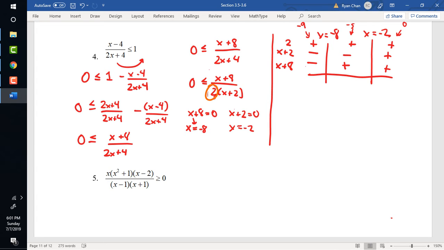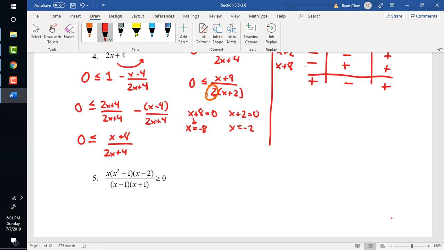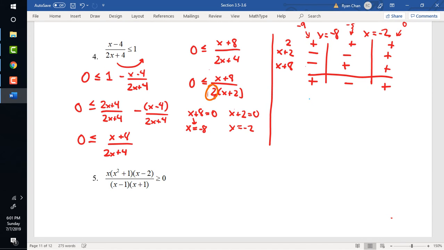Once I'm done, I'm going to multiply it all out. So this will become positive, this will become negative, and this will become positive. And I look at my inequality. Let me use blue. I notice I'm doing greater than or equal to, so that means I'm using the positive signs here.